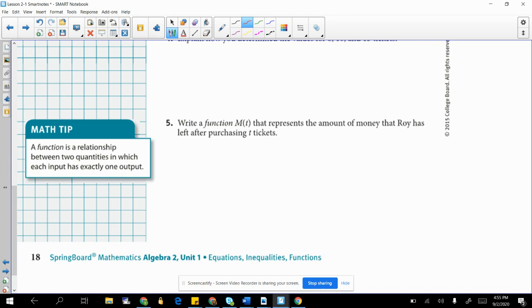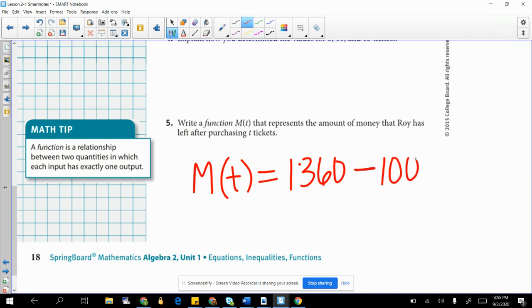So let's go ahead and say m of t is equivalent to the spending money that Roy has after his hotel and travel, of course. But each time we are subtracting $100 per ticket. So minus 100t. Okay. And that right there should be your function.